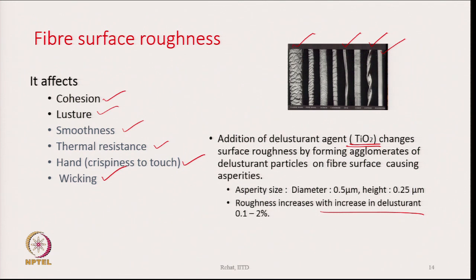Besides, we all know that TiO2 also helps in terms of enhancing the life of a product which is exposed to sun. TiO2 is deliberately added in some fibers also in order to protect them from UV rays of the sun.